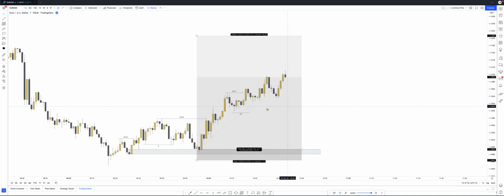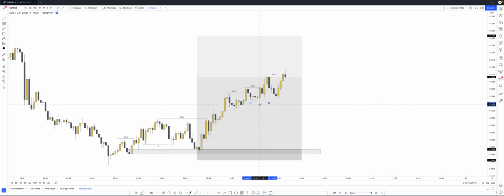So we do have some more clear breaks of structure. One here, another one here. So technically, after this one, we can move the stop loss below this low, and then after this one, you could again move the stop loss just below this low here, right?